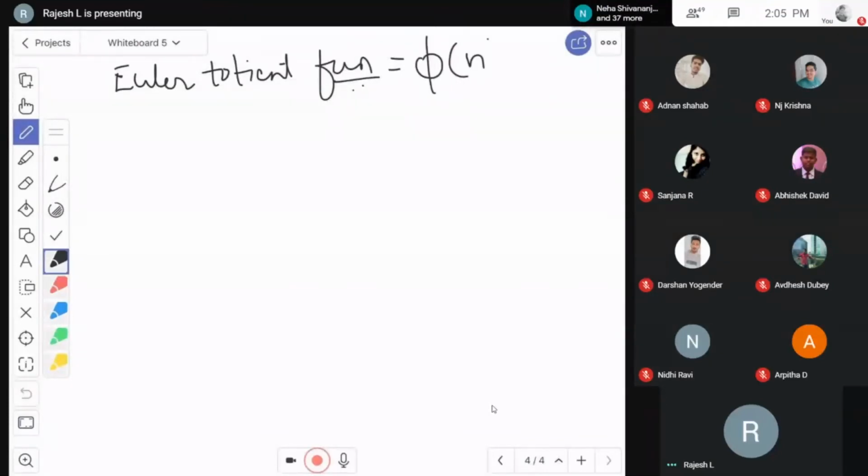Suppose we are generating the Euler totient function for 10.